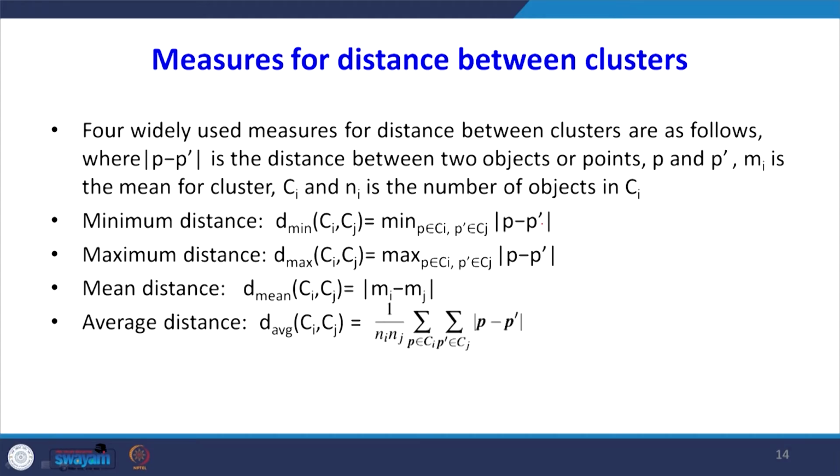The maximum distance, d max between clusters ci and cj, equals the maximum of |p - p'|. Another measure is the mean distance, d mean, which is the modulus of the difference of the means of the two clusters. The average distance is 1 divided by ni times nj, where n represents the number of objects in the cluster, then the sum of |p - p'|.